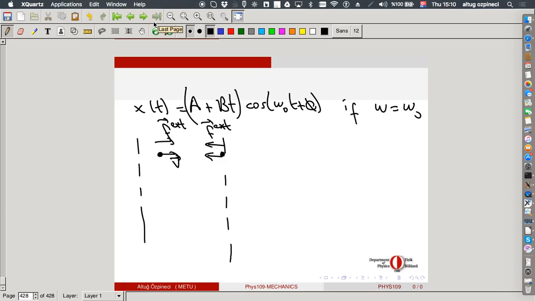In that case, the amplitude will not increase, but it will just be oscillating up and down. It will be changing. And in the long run, the average energy of the system will not really change. Questions?